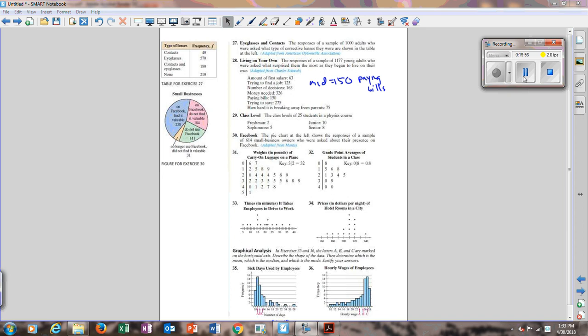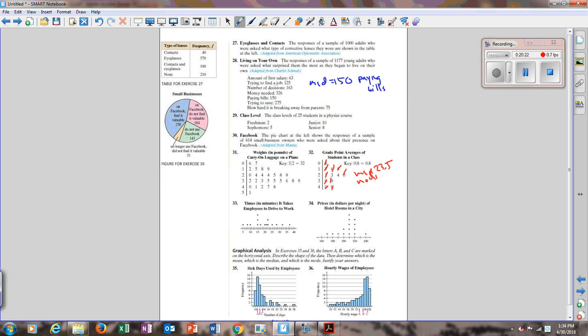Okay, first, finding the median. Median is just going to be your middle number, so it's nice when you do a stem and leaf because you can cross out. This is going to be 23.5 for your median.